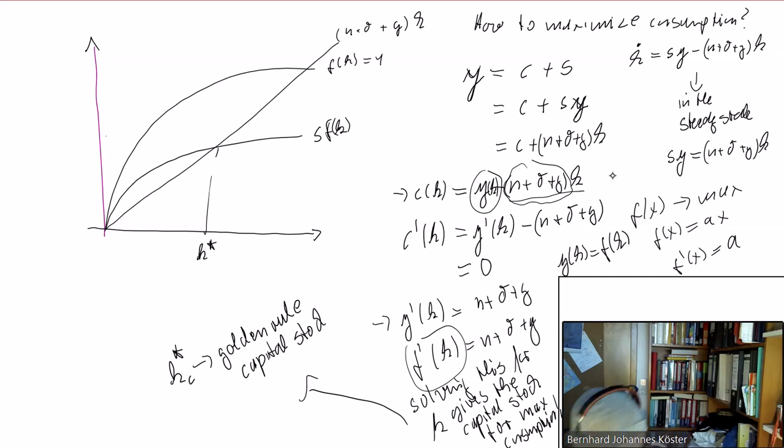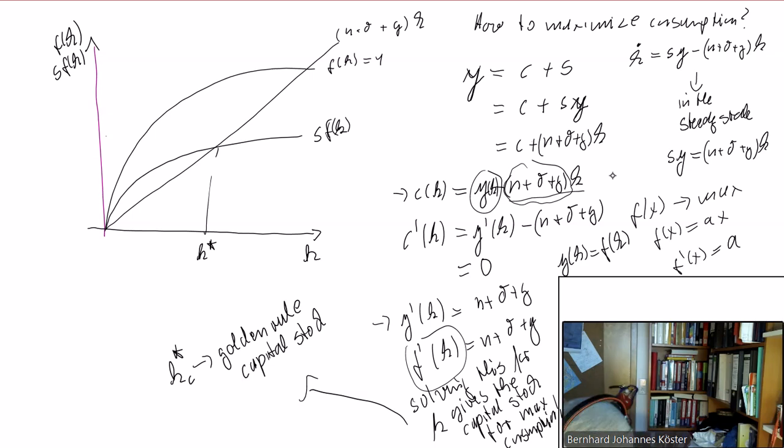Well, and as we have it quite often, where do we find this condition in our diagram? So here, s times f of k and k.